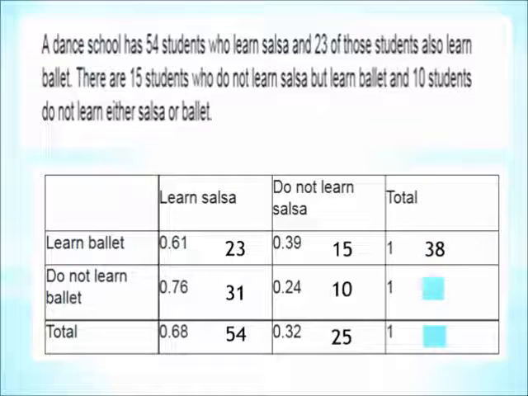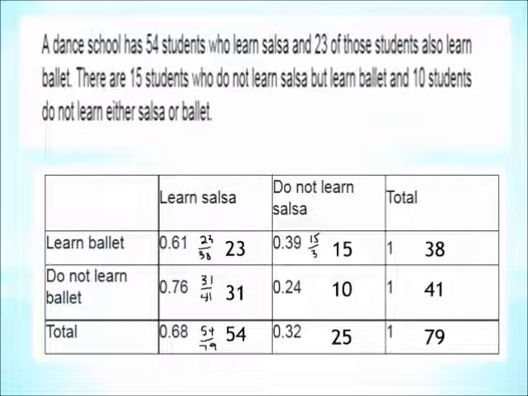So if we look at our totals here, and then start looking at how to calculate our percentages, we would use, in this particular case, 23 divided by 38, 31 divided by 41, 54 divided by 79.